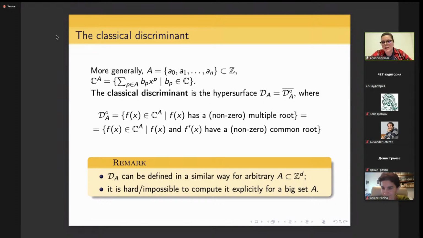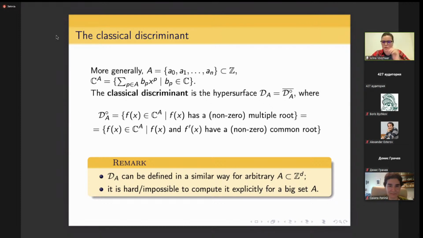I can also say that this discriminant can of course be defined in a similar way for an arbitrary set of larger dimension. In that case, we would talk about multivariate polynomials that vanish at some point together with all of their partial derivatives. But since I want to keep the talk as elementary as possible, most of the time we will only touch the one-dimensional case, the case of polynomials in one variable.